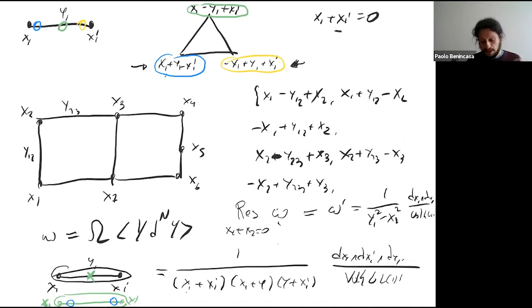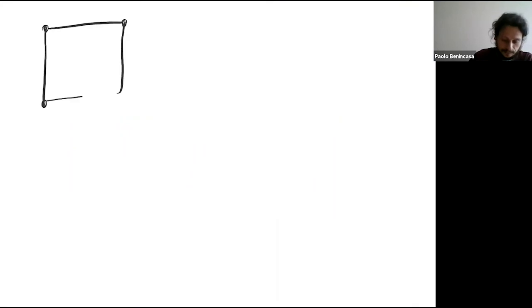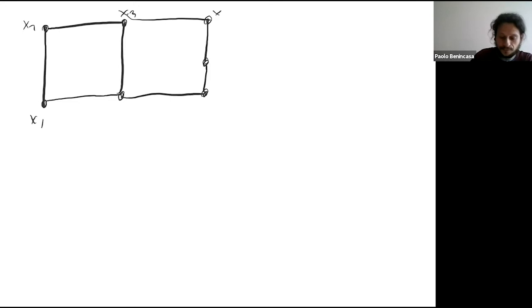Okay, so going back to this more complicated graph, there is a general way in which you can figure out which vertices of the polytope are on a boundary or not. Label the vertices x1, x2, x3, x4, x5, x6, x7.